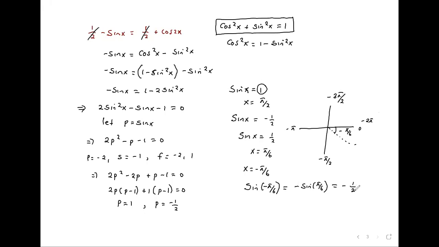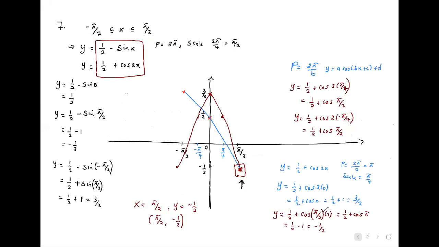So the value of x required is negative pi over 6, as y is negative half. Is that true? Let's go check.